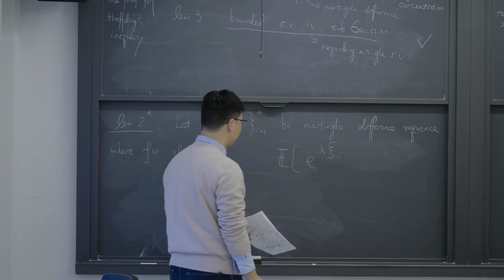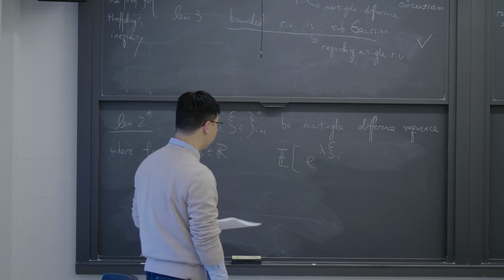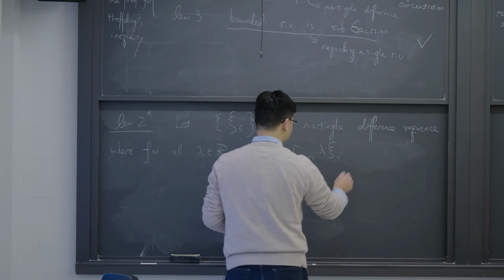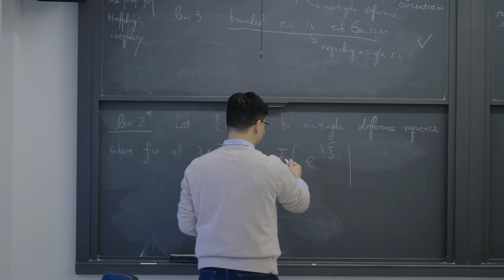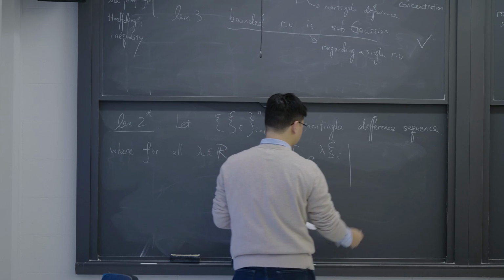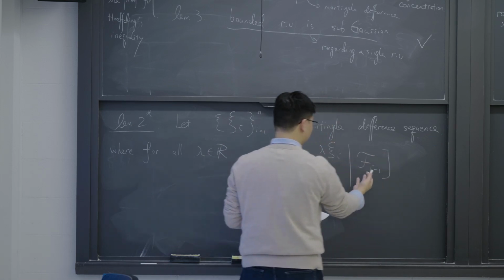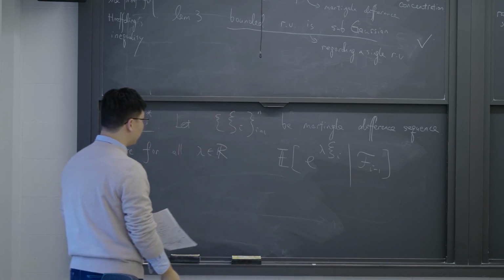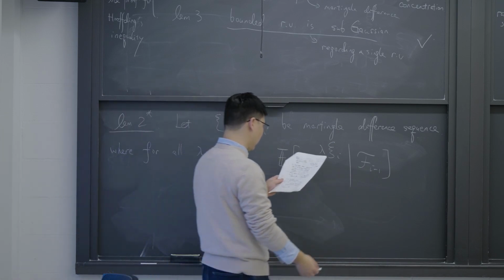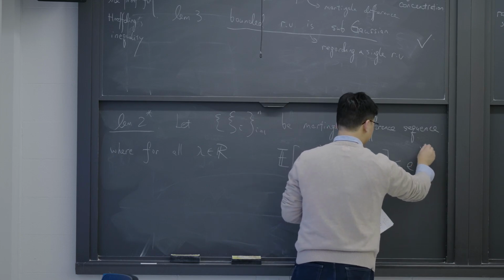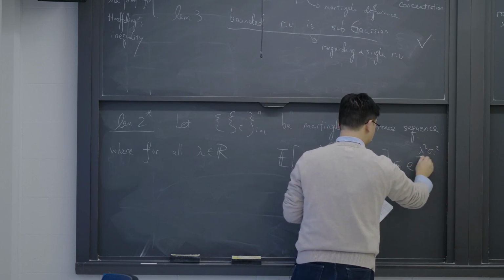In a previous definition, this is just the moment generating function, and we say it's bounded by some exponential. And now the only difference is this expectation is a conditional expectation. We condition on whatever happens in the past, that is the filtration of i minus 1. We say this expectation is upper bounded by e to the lambda squared sigma i squared over 2.